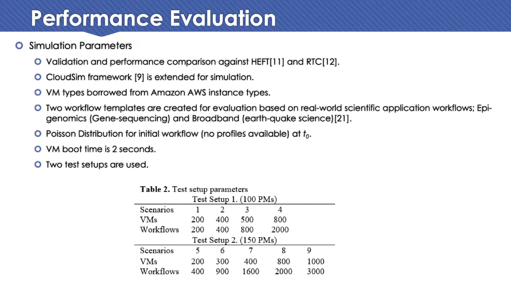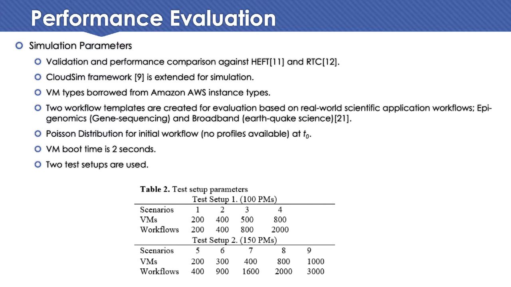Test setup 1 is used to verify the feasibility and task completion efficiency for the 3 scheduling algorithms. We define 4 different scenarios with different sizes in terms of number of virtual machines and number of workflows to be executed.